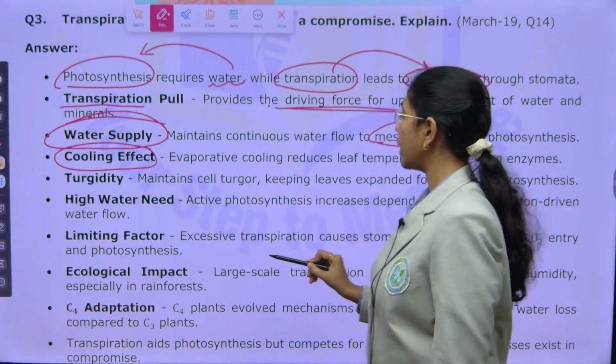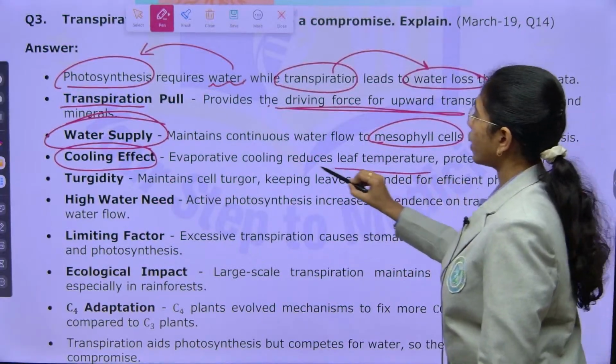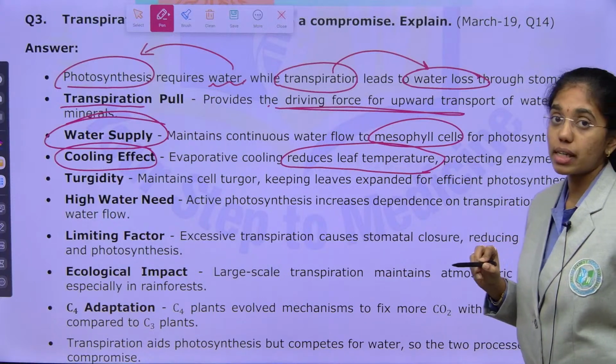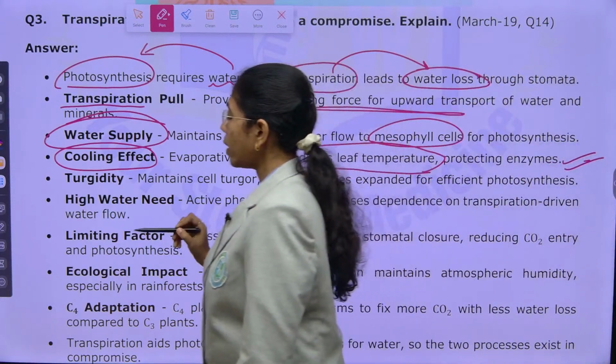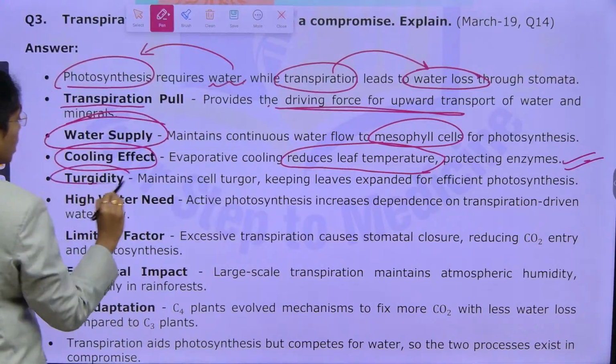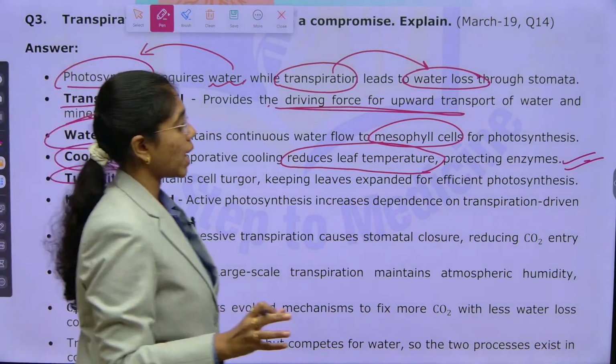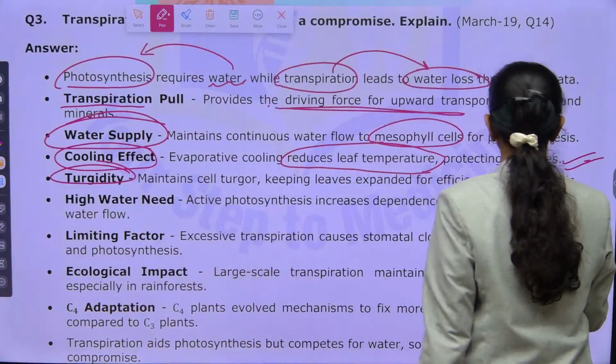And next, transpiration will provide what? Cooling effect on leaves. Fine. It will reduce the leaf temperature, thereby protecting the enzymes present in the mesophyll cells. Next is turgidity. This will maintain cell turgor, keeping the leaves expanded for efficient photosynthesis.